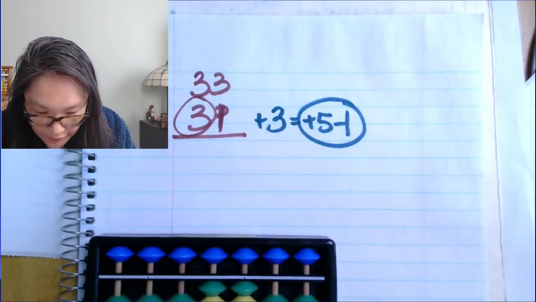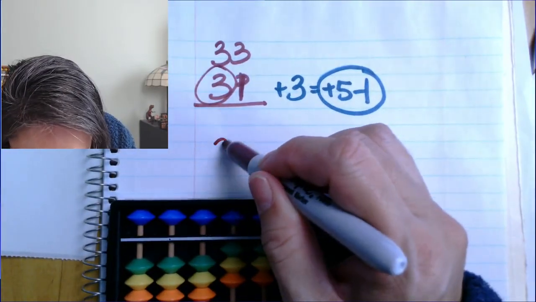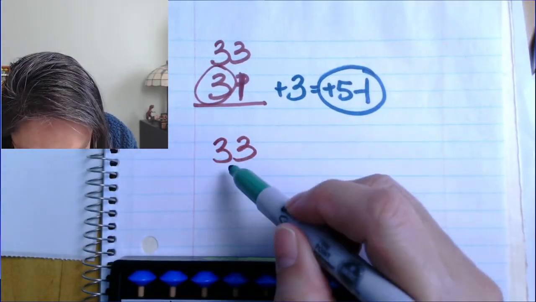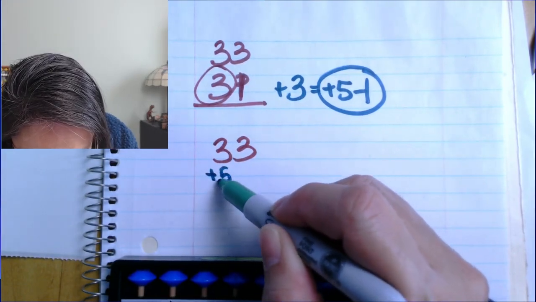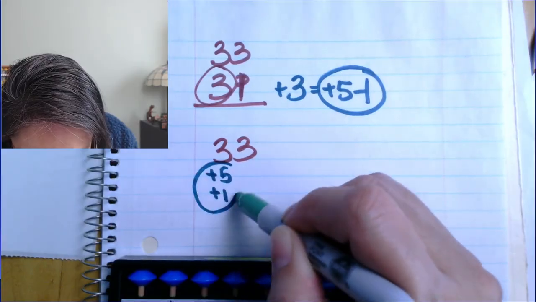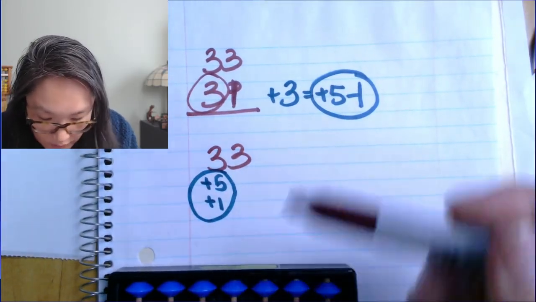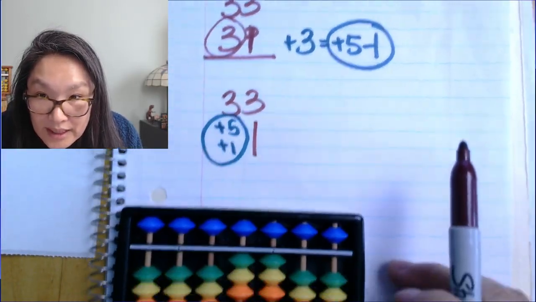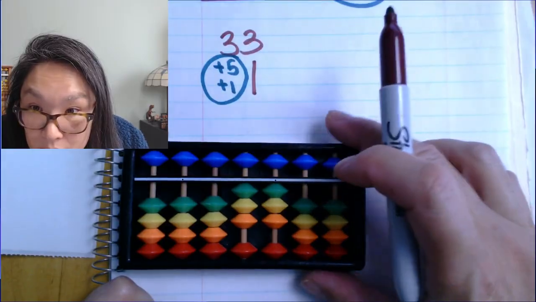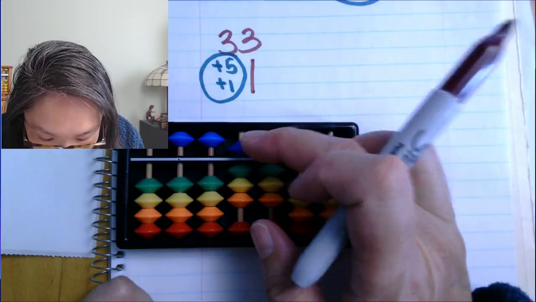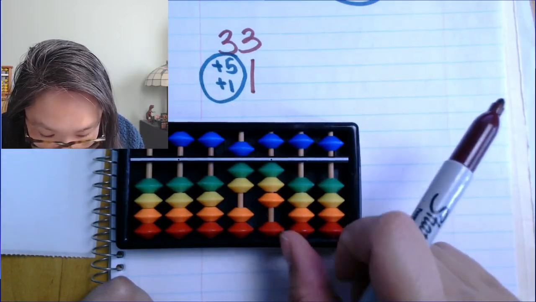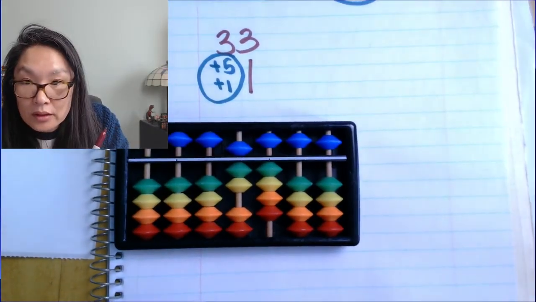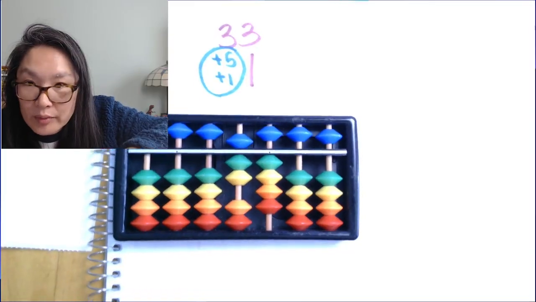So we have 33, and then we're going to do this, minus the 5 plus the 1, like here. And then we go back to here. That's what we're doing. So what's going to happen? We're going to plus the 5, take away the 2. And then we plus the 1. That's what I'm doing.